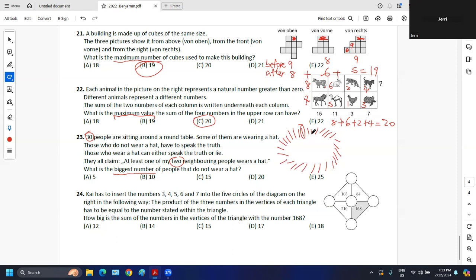So this will be the first one, and then this one, this one, this one, this one, this one, this one, this one, and this one. So in here there is 10.